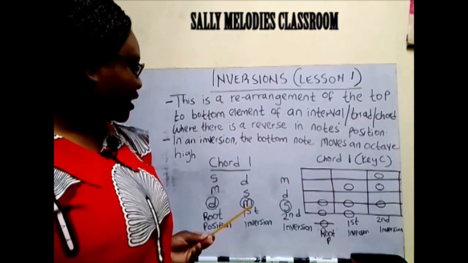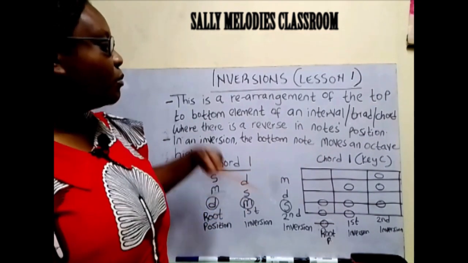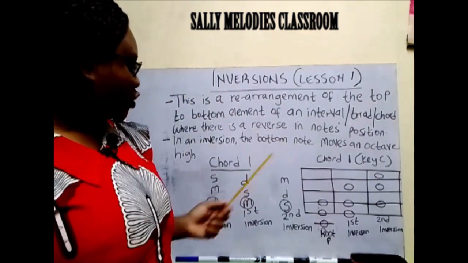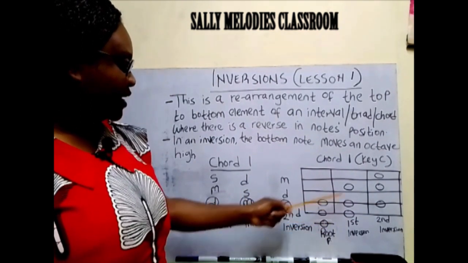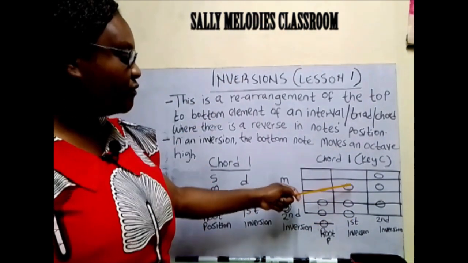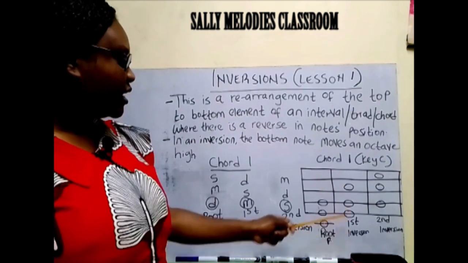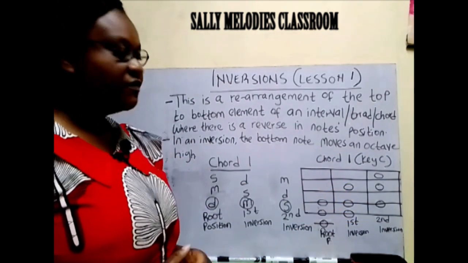In an inversion, the bottom note moves an octave high. So our do is no longer here. In the first inversion, it has moved to the higher do, the octave do, so that you can have mi, so, do. Let's look at the second inversion.